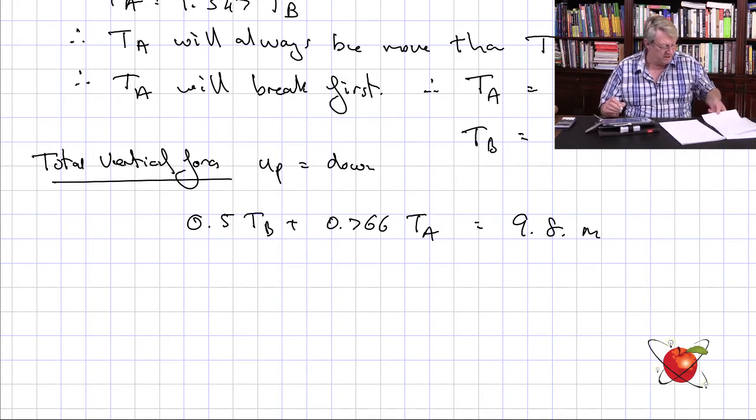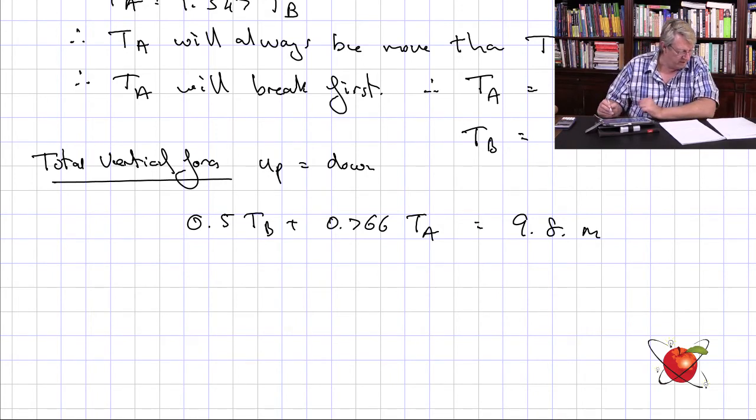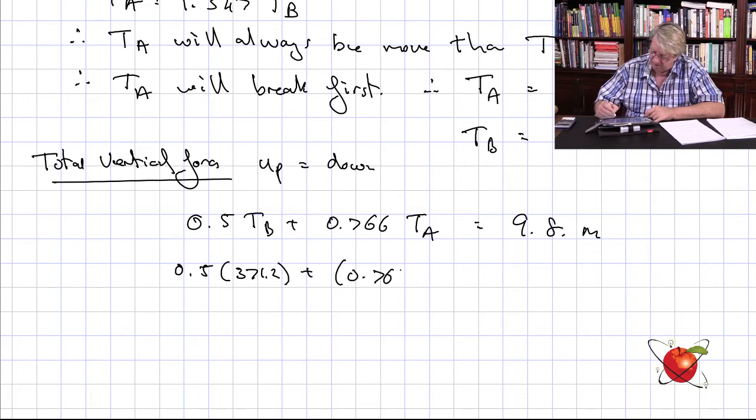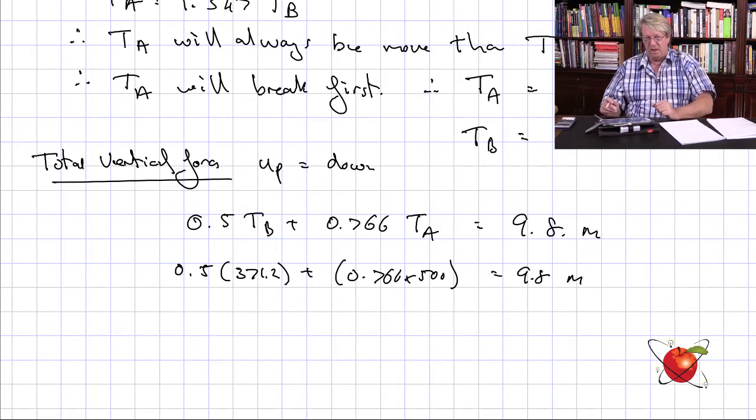Right? Okay, happy with that? 0.766 TA, 0.5 TB. Now you know what TB is. Right? So we can now work it out.